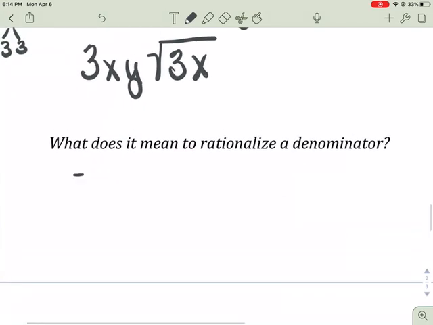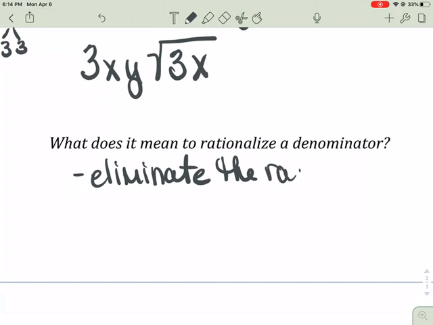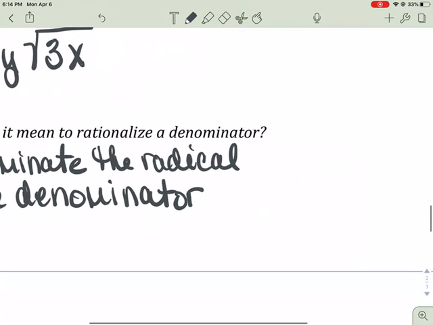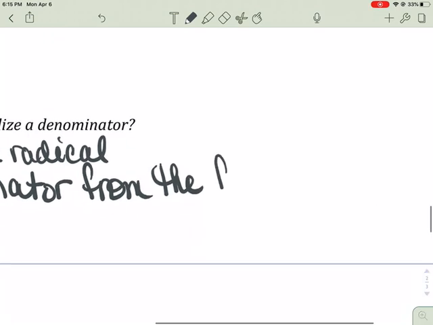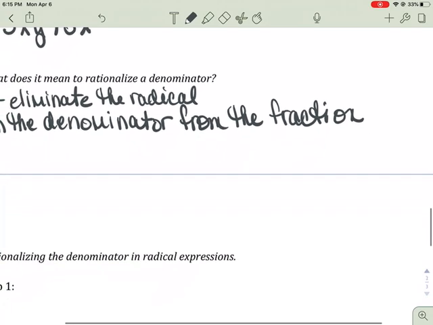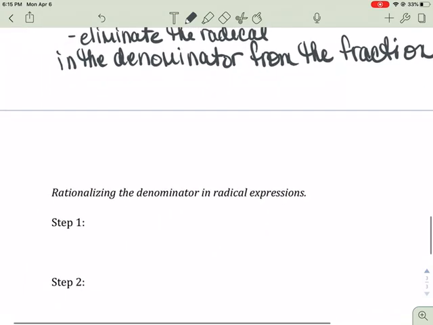This means that we're going to eliminate the radical in the denominator from the fraction. Okay, so we're going to fix the problem, or take care of it so that there's no more radical in the bottom of the fraction.